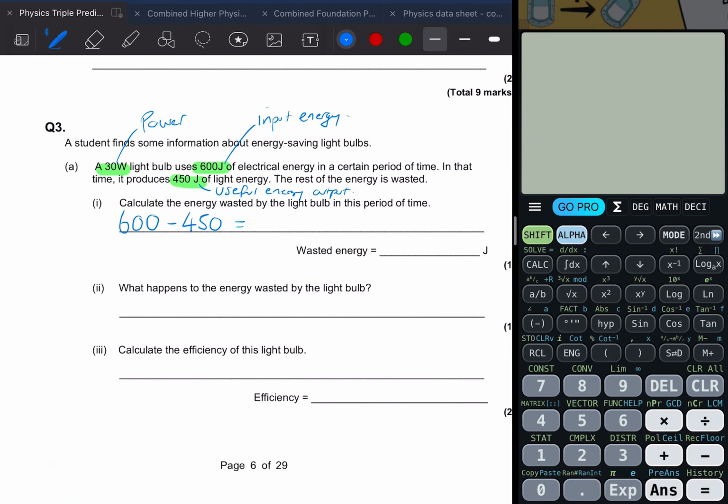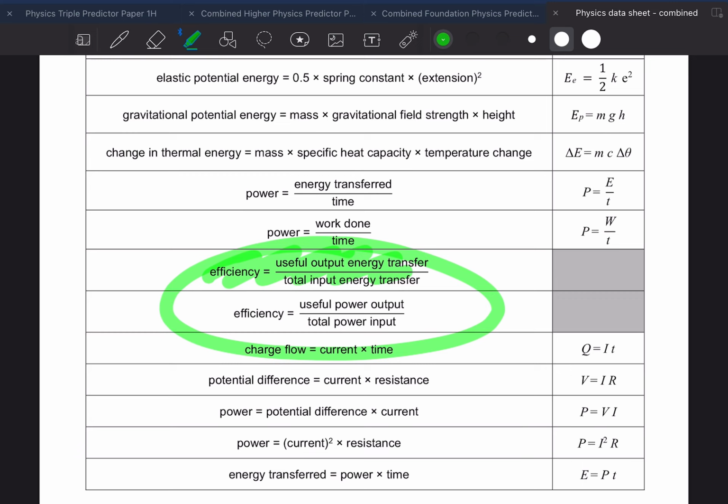Useful output energy divided by total input energy, and useful output power divided by total power. So we are going to be wanting the top one because the top one has got our energies in it. So it's useful output energy divided by total input energy.